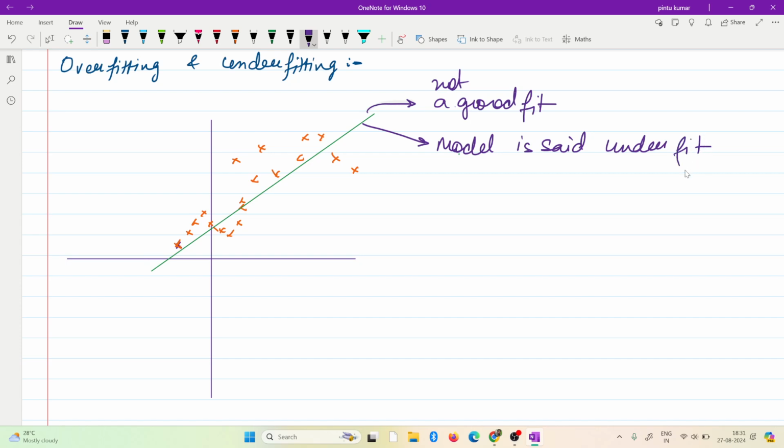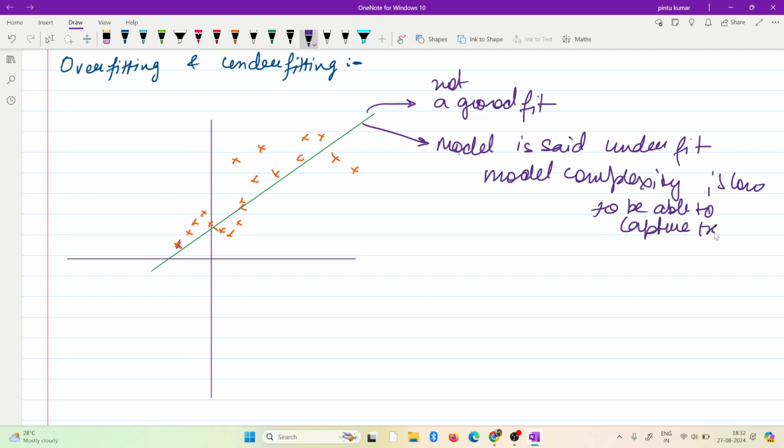What I mean is, this kind of model is not sufficient to capture the essence of the data set. The model complexity is low, too weak to be able to capture the trend in your data.